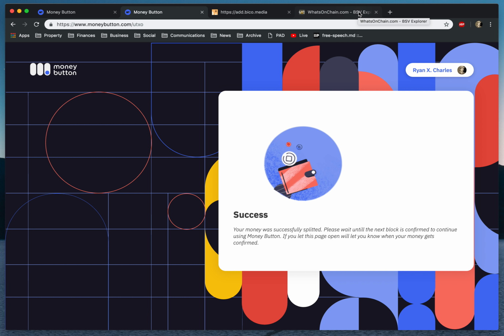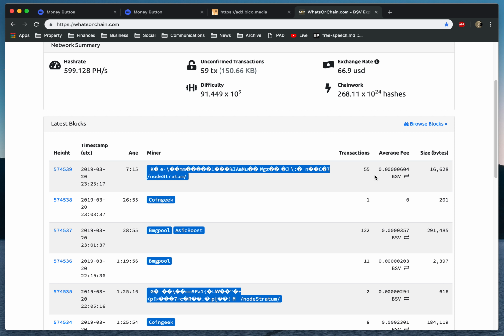Unfortunately, although Bitcoin SV has a very large op return size, it is not unlimited. So you can't put giant files in there, like my 4.9 megabyte image will not fit inside of a single op return.